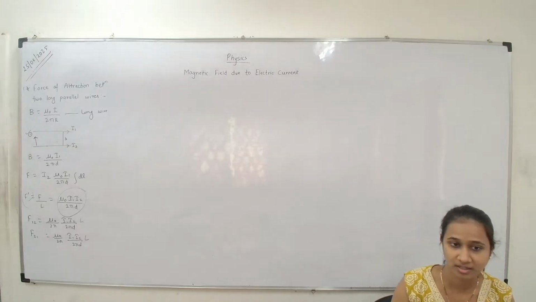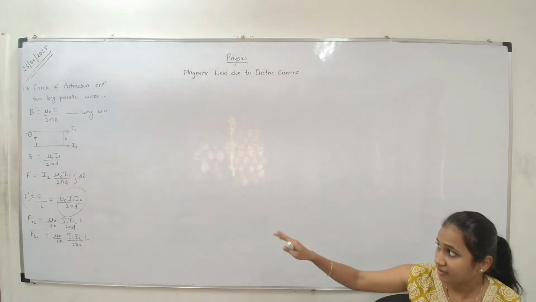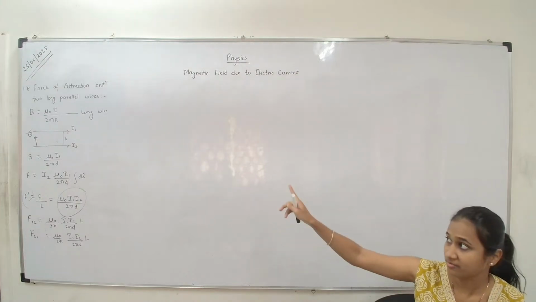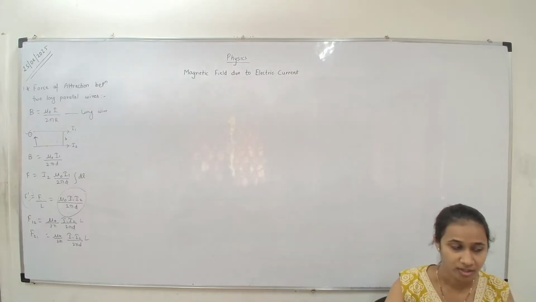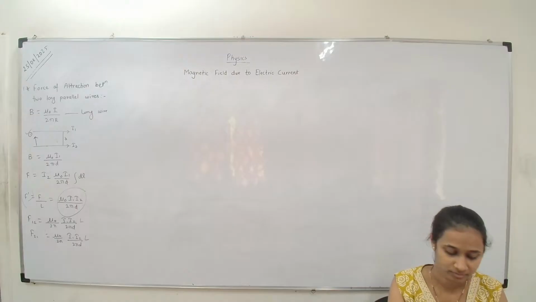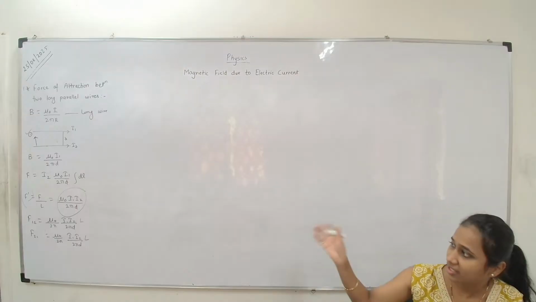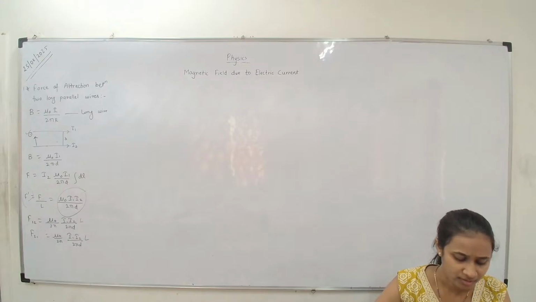What is opposite here? Only the direction is opposite. The magnitude of both is the same. What was the direction of F12? Force on 1 due to 2 is downward. F21 is upward. So in vectorial approach, you will give a negative sign there.